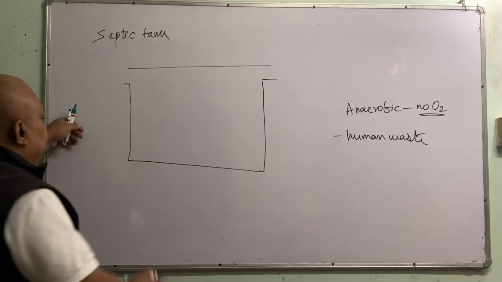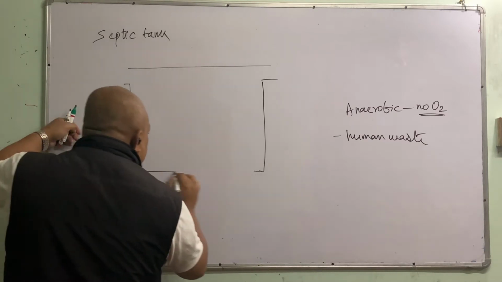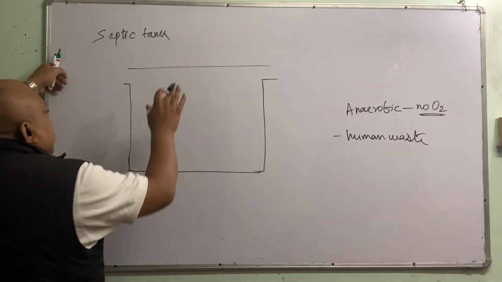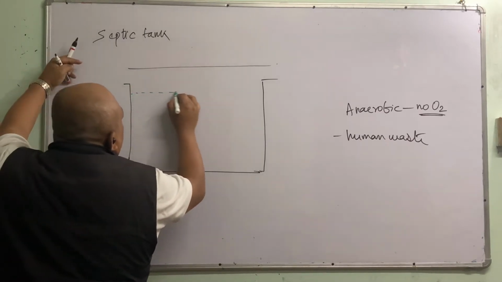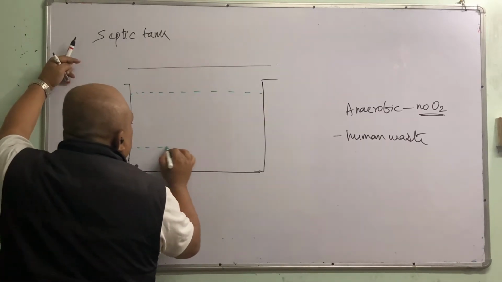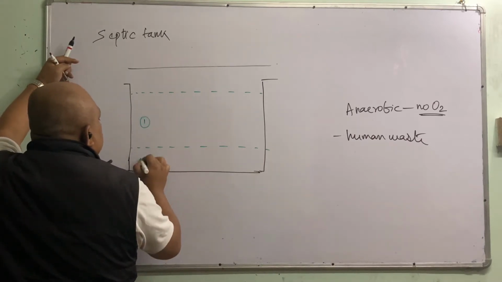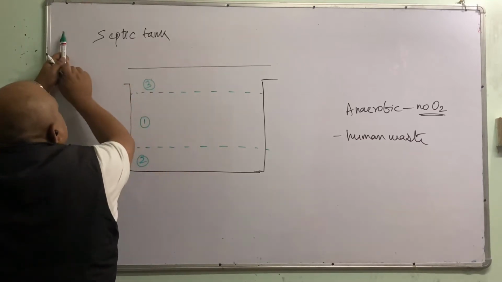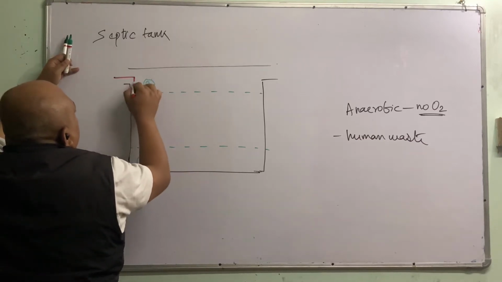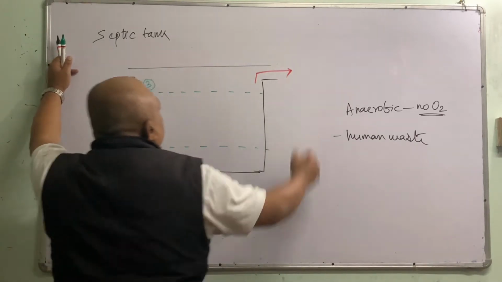From the design point of view, before designing the septic tank, let me give you the basic fundamentals. The septic tank comprises three zones. This is zone number 1, this is zone number 2, and this is zone number 3. The waste is going to come from here, flow through, and after treatment go out from here.